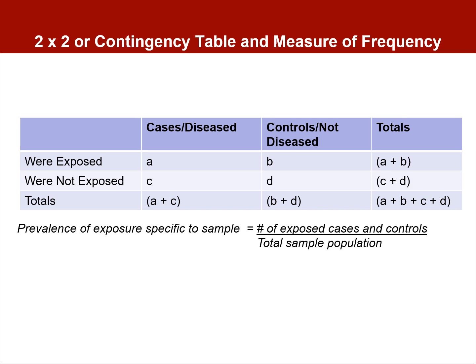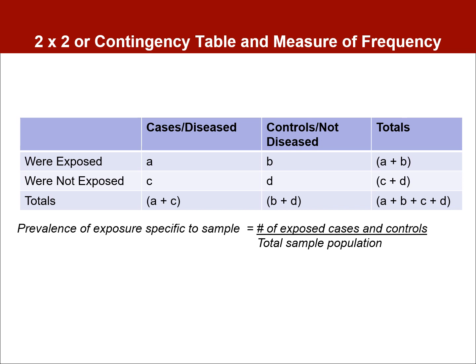Like I stated a few slides ago, the only measure of frequency that you may be able to estimate from a case control study would be the prevalence of exposure specific to the sample. Again, because you don't have the information of the total population, you cannot estimate the prevalence of the total population.